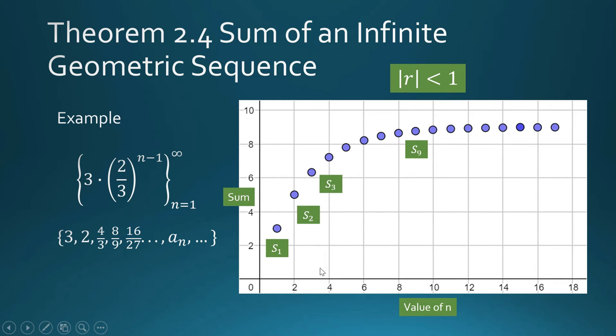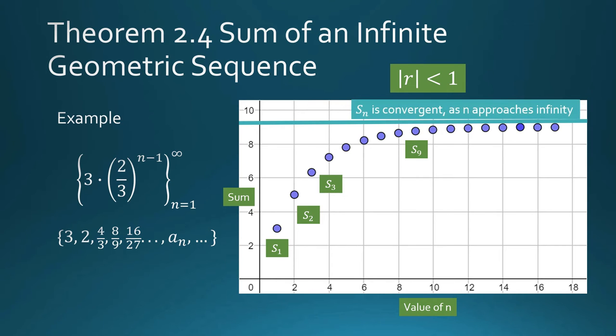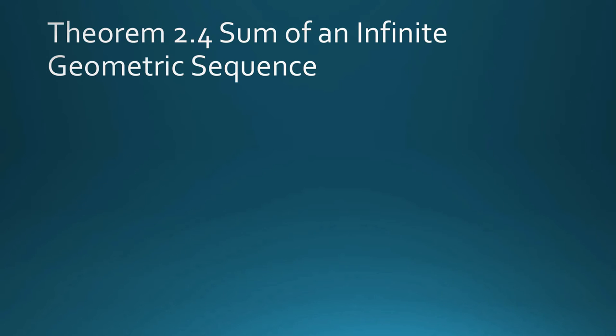And so our sum is increasing because these terms are positive. So when we keep on adding a positive term to something which is already positive, we expect the sum to be increasing. But this sum does not increase indefinitely. There seems to be like an invisible barrier here, an invisible boundary. And if this is how our partial sums behave, then we say that the sequence of partial sums is convergent.